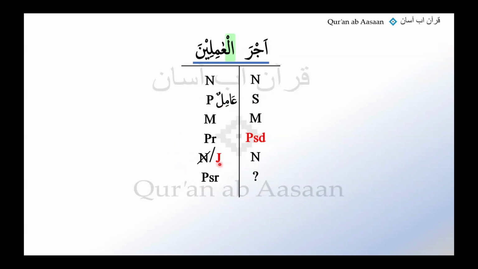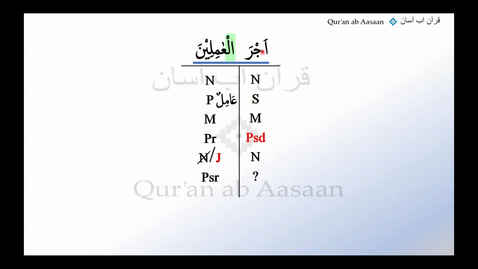And to be the possessor, what is the one condition that I have learned today? The possessor has to be in the case sign jar. Which is why we cut the nasb. Get it? Alhamdulillah, we have revised it a few times today, so I hope, inshallah, there wouldn't be any confusion.